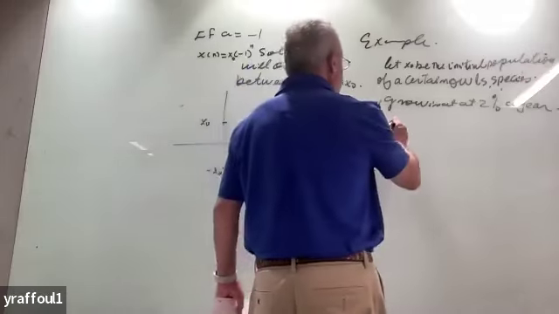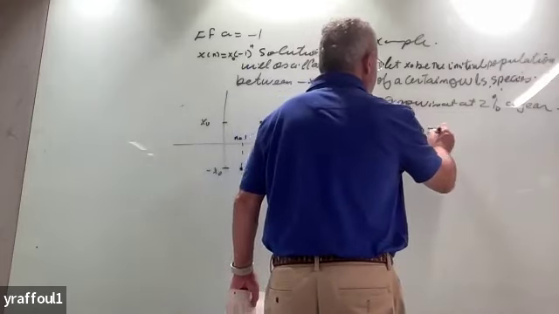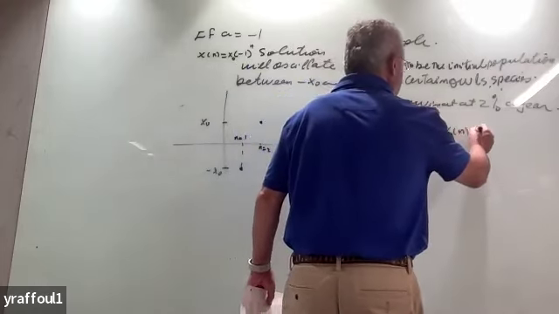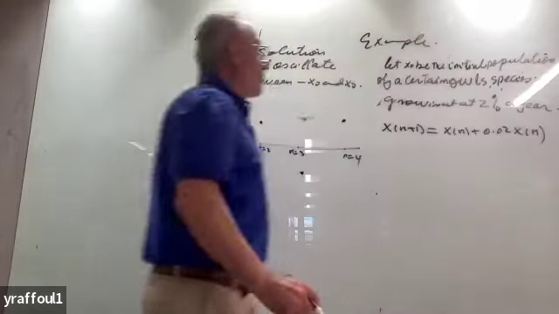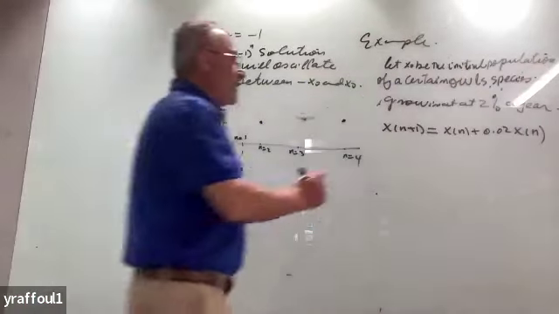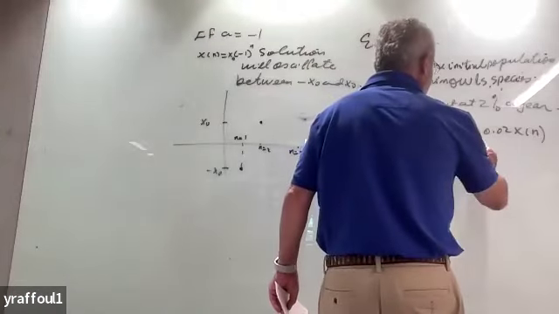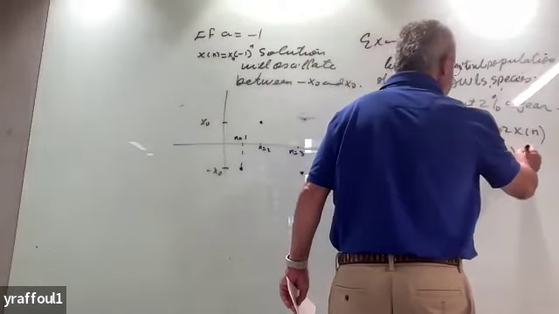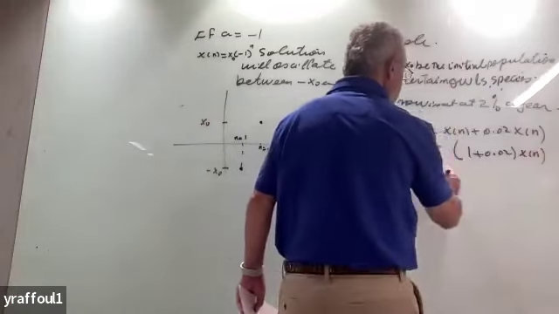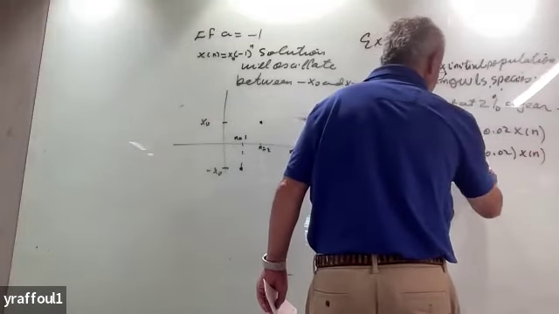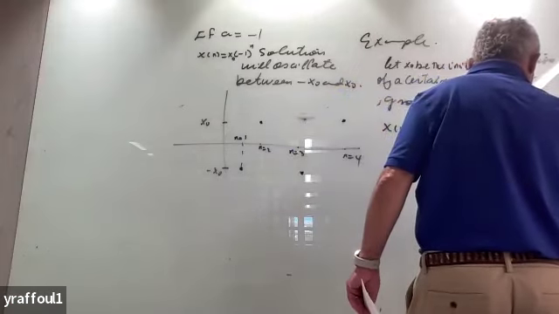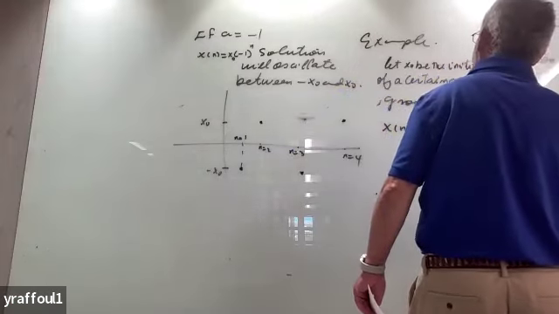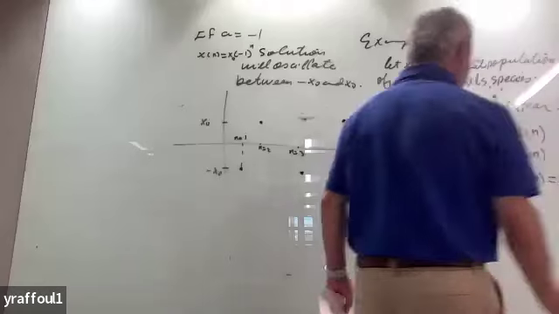So basically, xn plus 1 is xn plus 0.02 xn. Okay? And that is (1 plus 0.02) xn, and that is 1.02 xn, and x of 0 equals x naught.